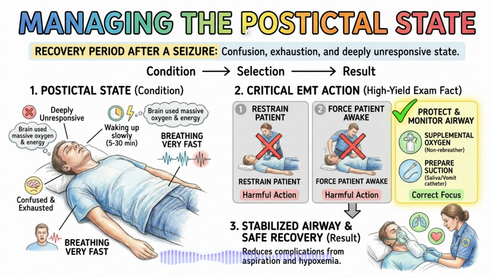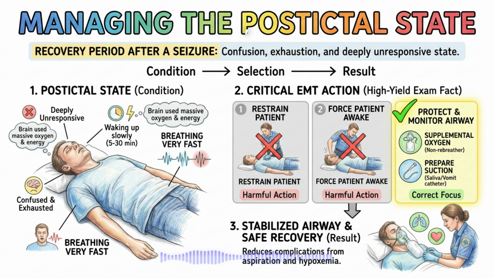Once a seizure stops, the patient will enter what is called the postictal state. During this recovery period, the patient will often be deeply unresponsive, slowly waking up over 5 to 30 minutes while acting confused and exhausted.